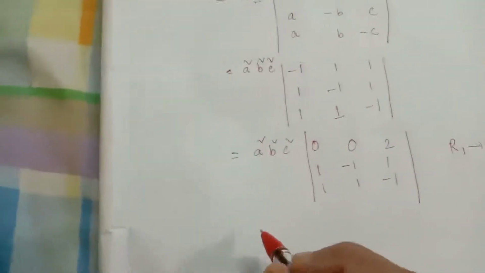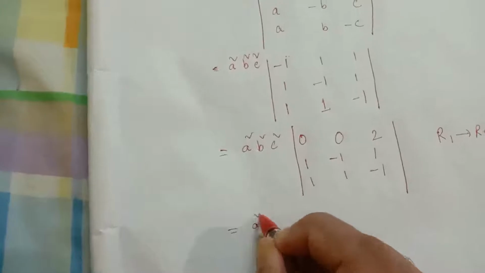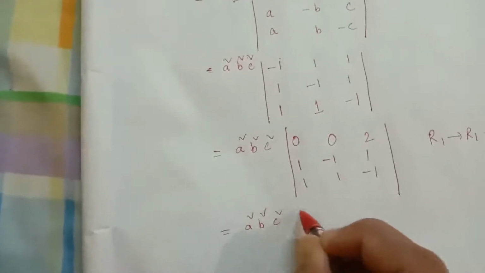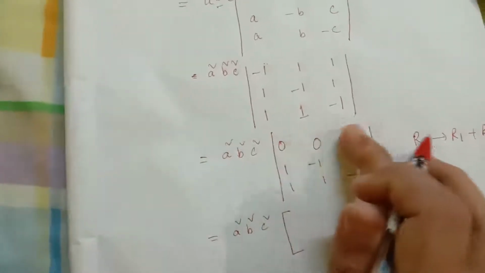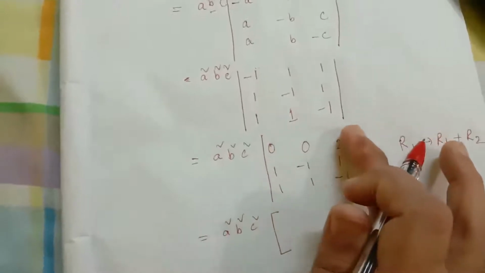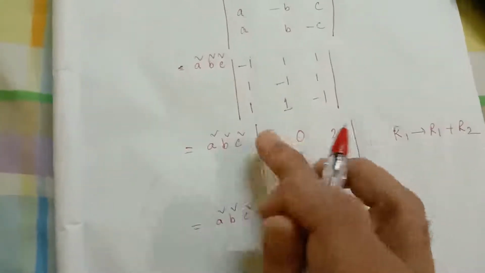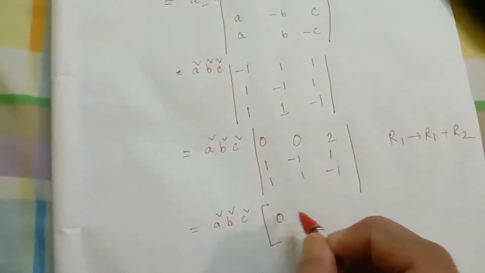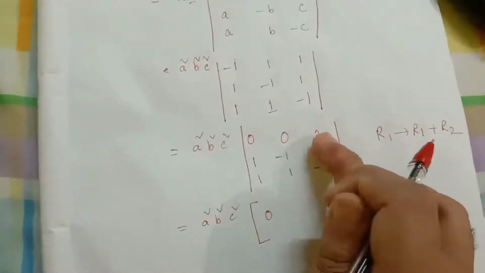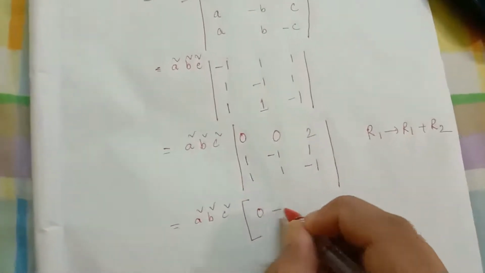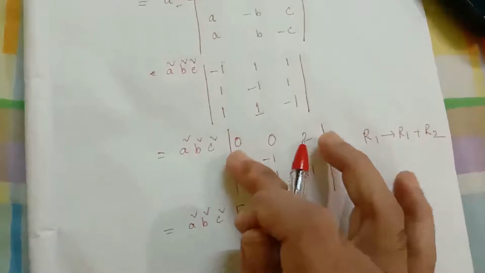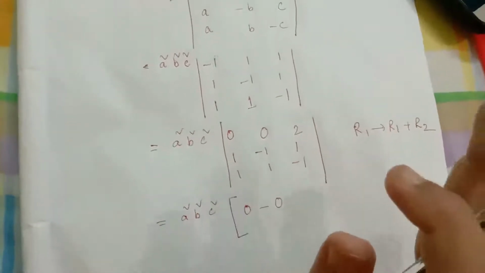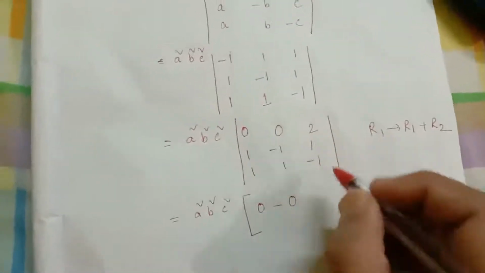Now expanding this determinant along the first row, as there are two zeros in the first row. 0 into anything will become 0. You know how to expand the determinant.